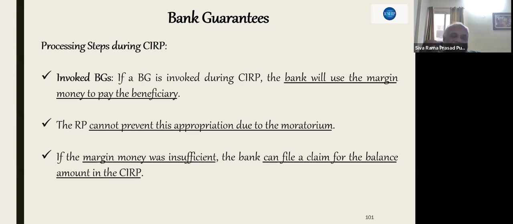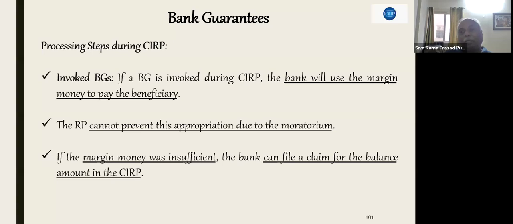Suppose the margin given is only 25, and for the 75%, there is no security. Then the 75 crores claim is to be submitted. Don't think that it is not within the 90 days, or that once the public announcement is given and you have not claimed, you are not eligible, because when the guarantee is invoked, nobody knows.